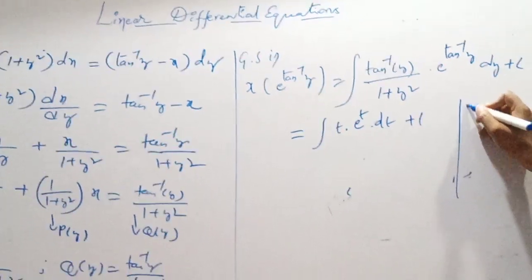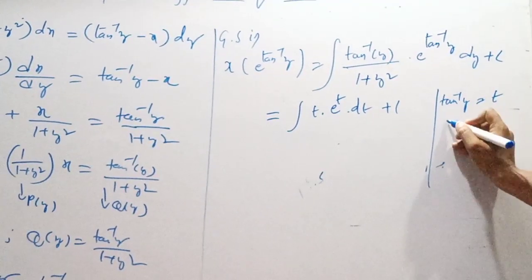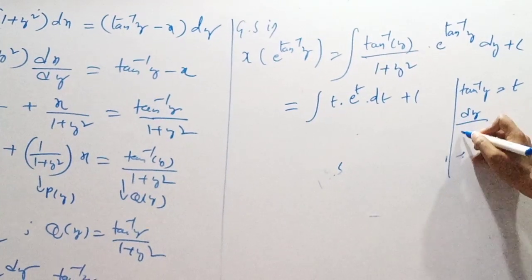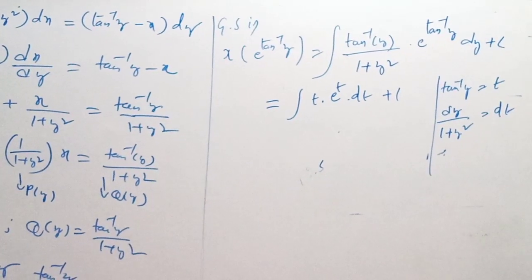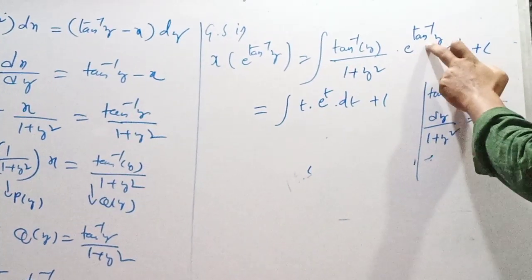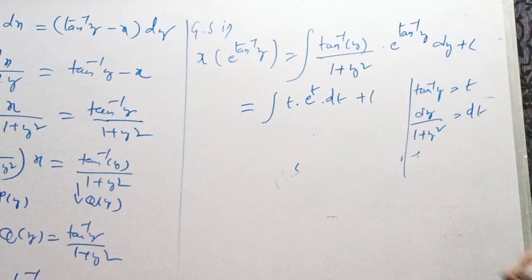Take tan inverse y equal to t, so taking the derivative on both sides, dy by 1 plus y square equal to dt. So we are writing tan inverse y equal to t and e to the power of tan inverse y equal to e power t, dt, plus constant c.